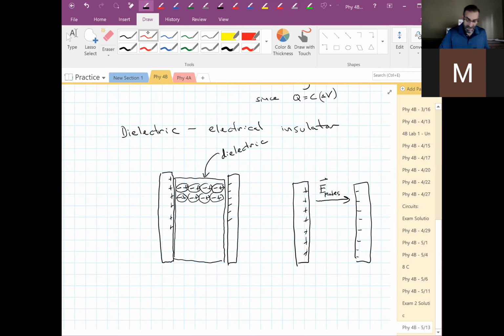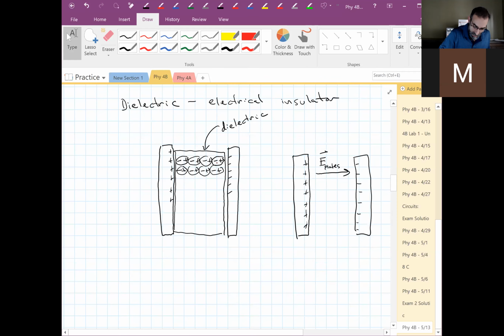Now, what happens is all the stuff inside kind of cancels out. All of this stuff basically cancels out. And what are we left with? Some positives on one face of the dielectric and some negatives on the other face of the dielectric. And they create an electric field in the opposite direction. They create an electric field this way.